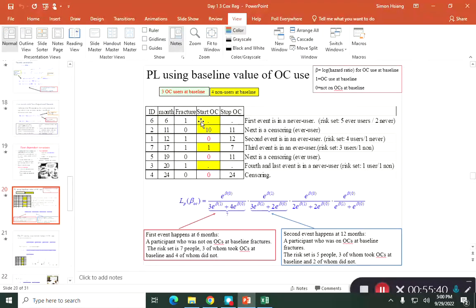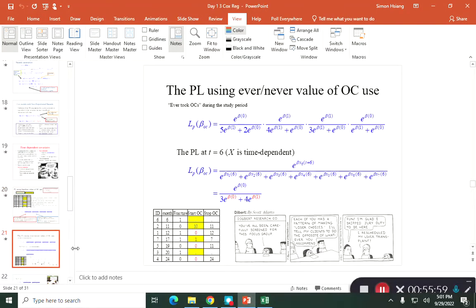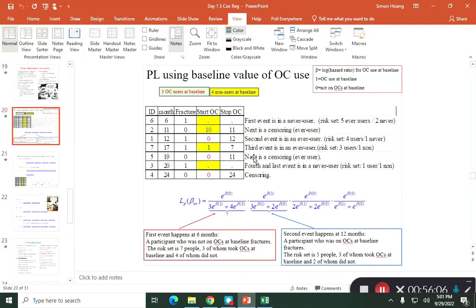At time 6, there's one fracture, but this is a patient, a female, who did not take OC. Time 6 here is at the very beginning. I don't know what will happen afterward, okay?